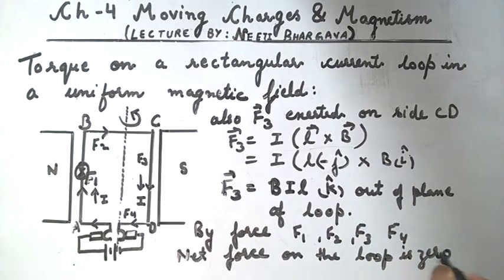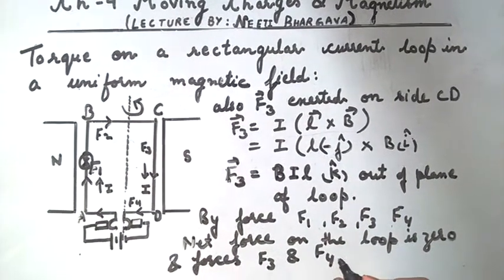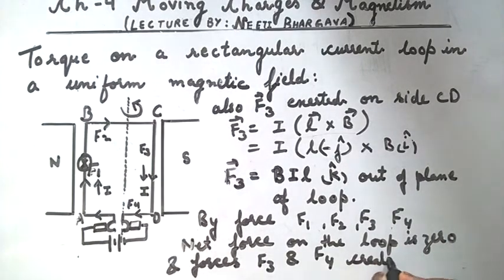And as the directions of forces F1 and F3 are opposite, they will create a couple and thus produce torque.